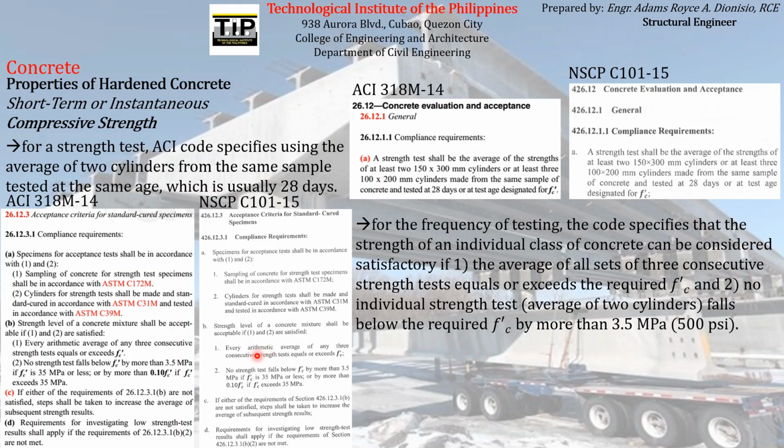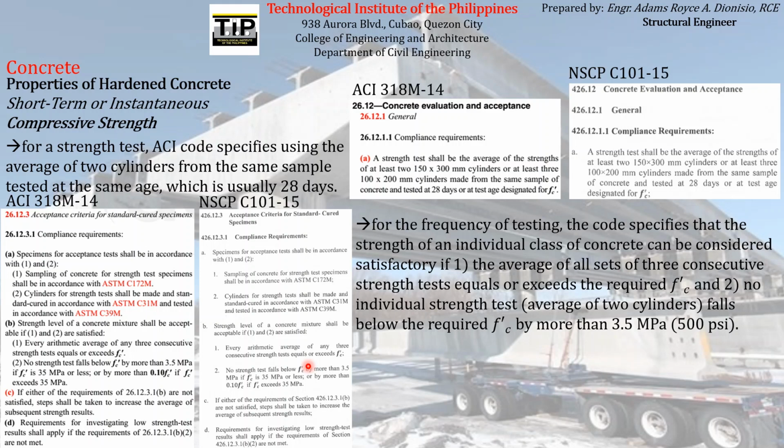According to this provision, there must be no individual strength test result that falls by more than 3.5 megapascal lower than the FC prime that is required of us. So our FC prime is 30 megapascal, and we have a result of 25 megapascal.